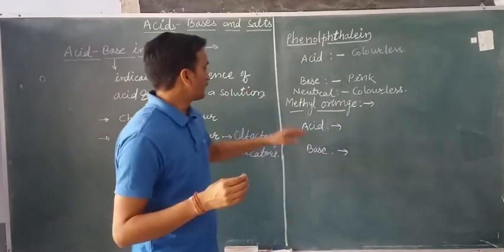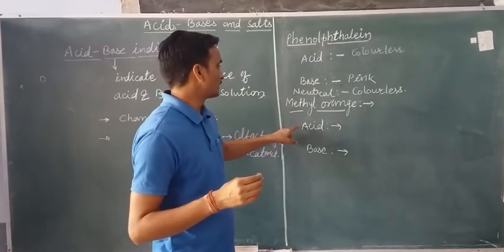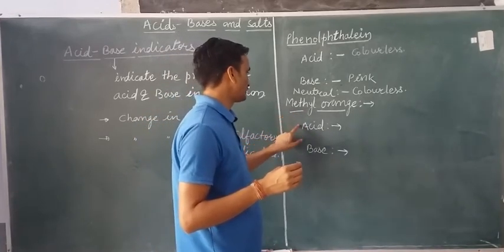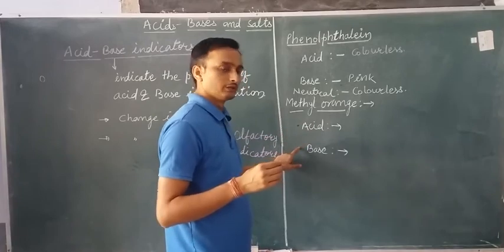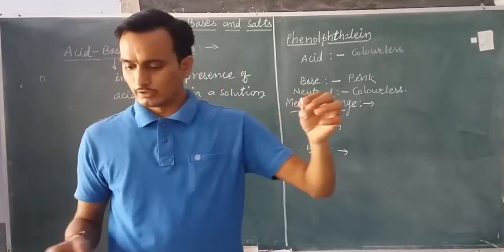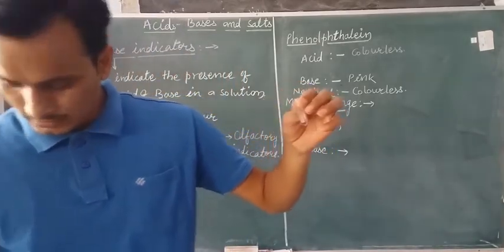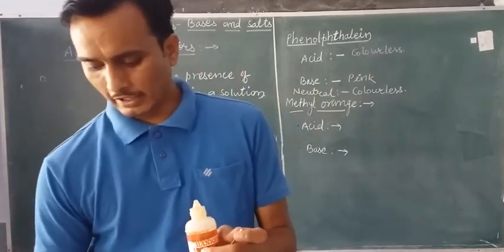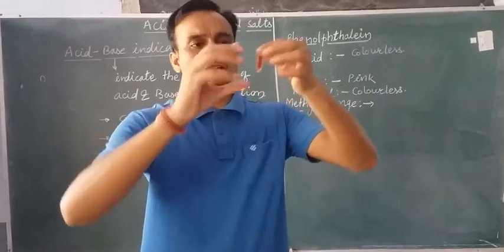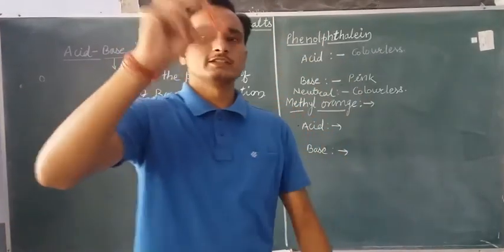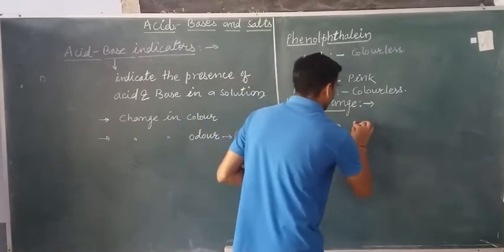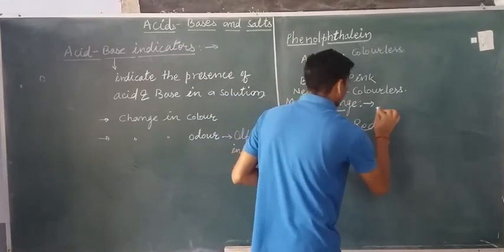Now we study the effect of methyl orange in acidic solution and basic solution. I take acidic solution in a test tube and add some methyl orange. We observe that methyl orange turns red. Methyl orange is red in acidic solution.